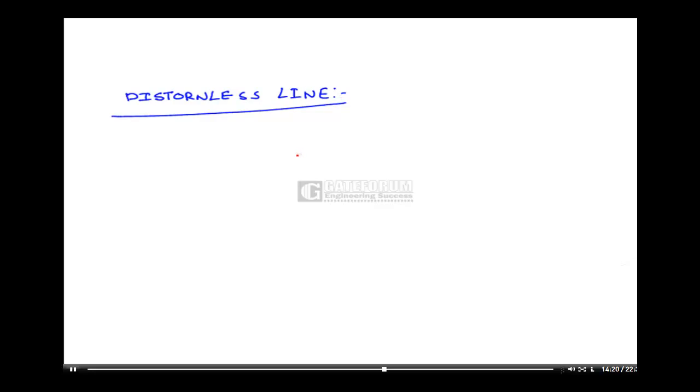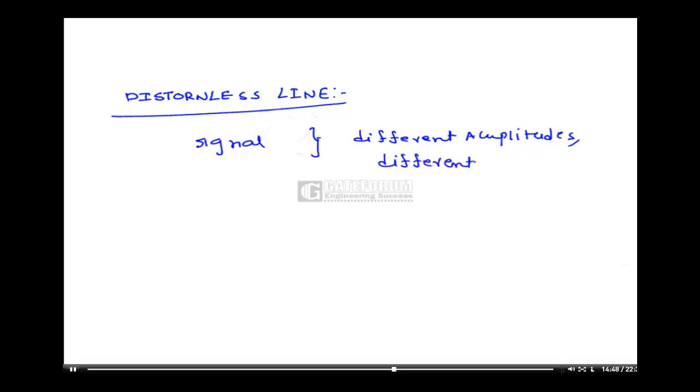Generally, a signal consists of a band of frequencies. That is, a signal is having different amplitudes and different frequencies.